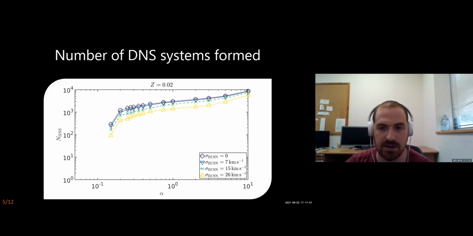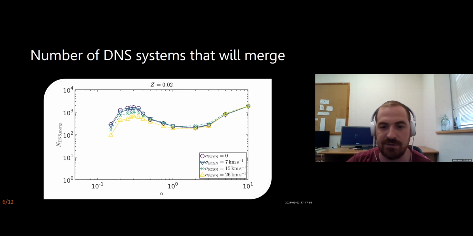Now, if we look only at those systems which have, after they form, a time to merge shorter than the age of the universe, then we see that for the higher alphas, the numbers drop. So what happened here? The higher the alpha value is, the larger the separation after the common envelope will be.